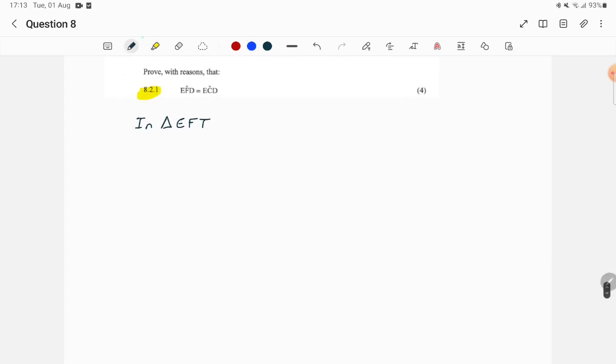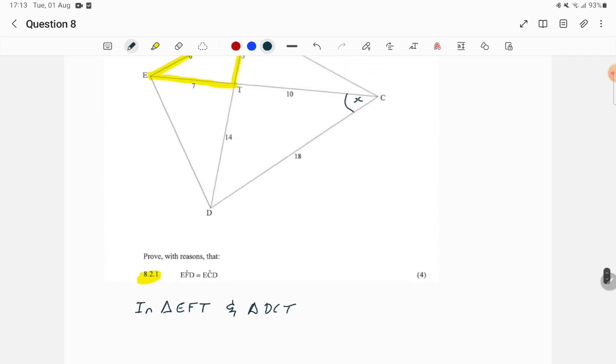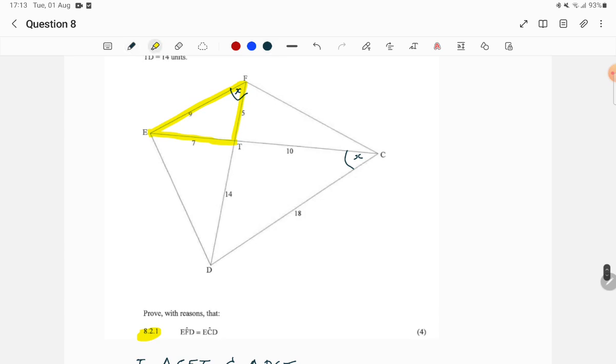And in our other triangle, DCT, because those are the two main triangles that have the angle that we need to prove. So these are the triangles we are essentially working with.